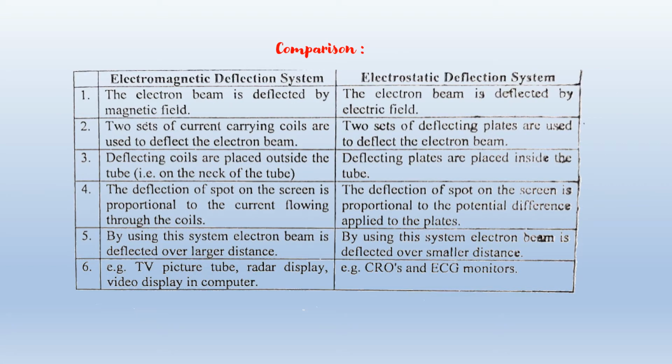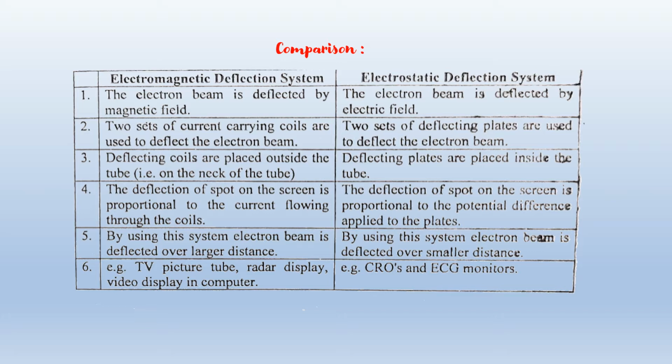Now is the comparison. Magnetic deflection system is used in radar, so it is not there in the syllabus. Electrostatic deflection and electromagnetic deflection: these are a few points of difference or comparison between the two systems.